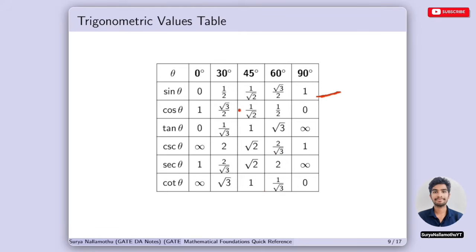Why I said this, let me explain. For sin theta, you know sin 0 is 0, sin 30 is 1 by 2, sin 45 and so on. So we need to reverse this.